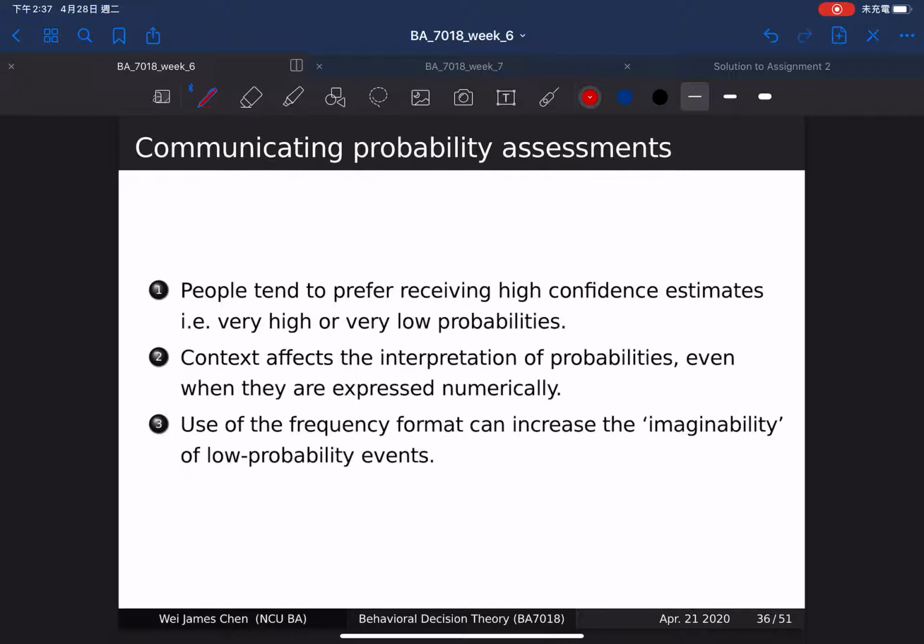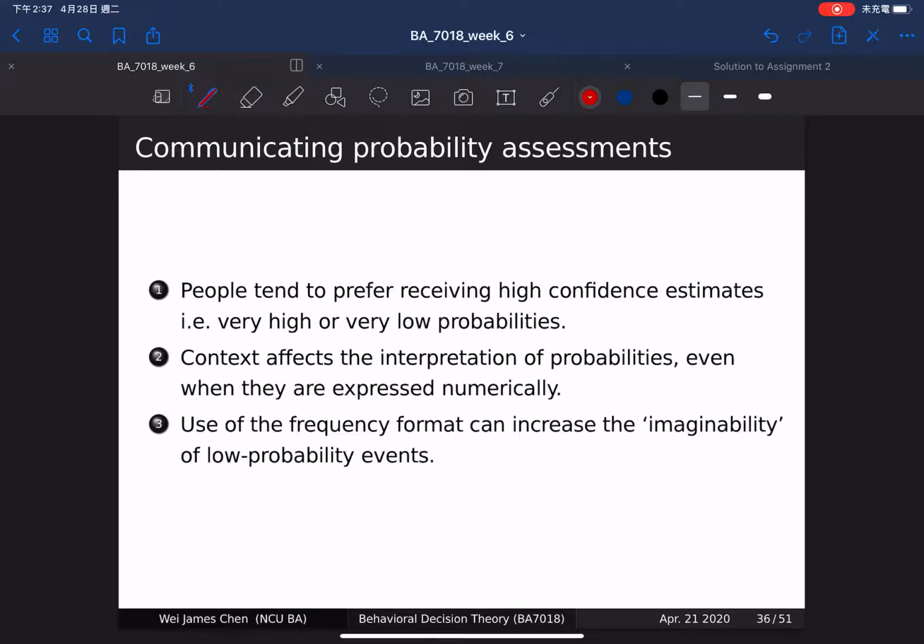And we say this a lot of the time, but context affects the interpretation of probability even when it is expressed numerically. Okay, so the same 1% in different contexts may not be the same 1%. Like I said, sometimes you would think 1% is a really large number. Sometimes you think 1% is a very small number.